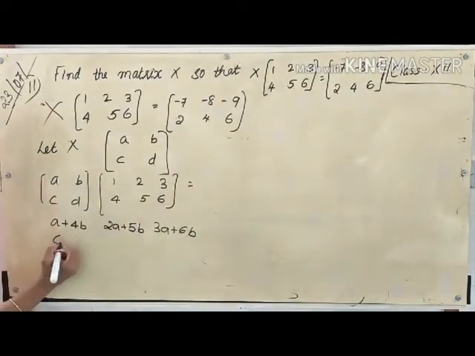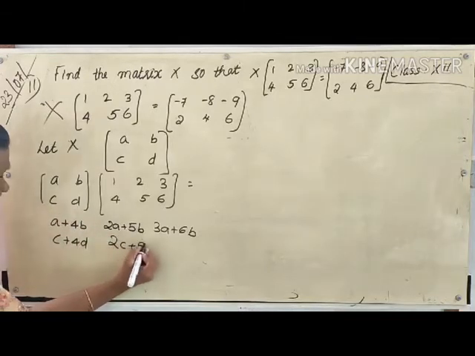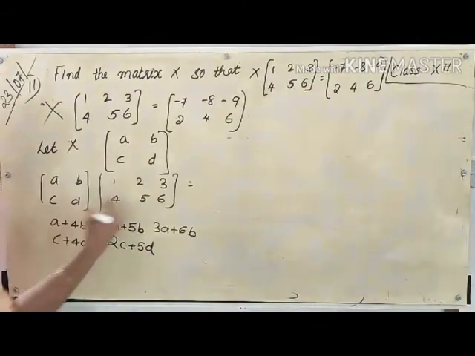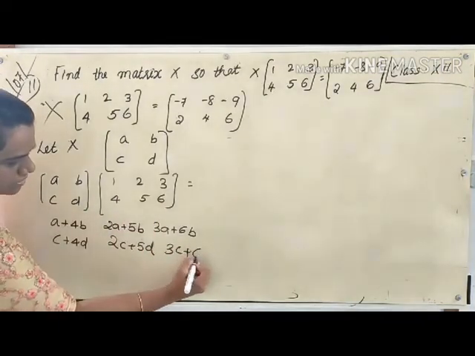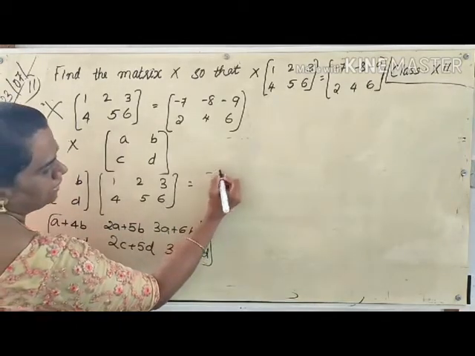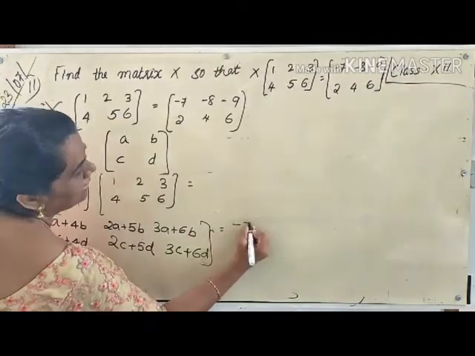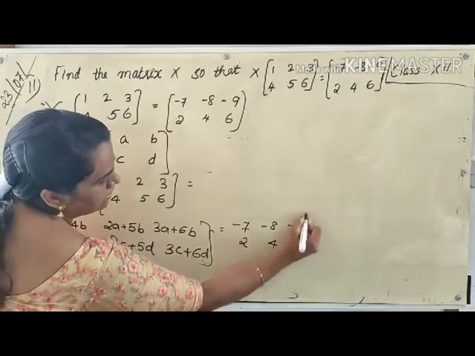Next, C plus 4D. Next 2C plus 5D. The next 3C plus 6D. This is equal to minus 7, minus 8, minus 9, 2, 4, 6.